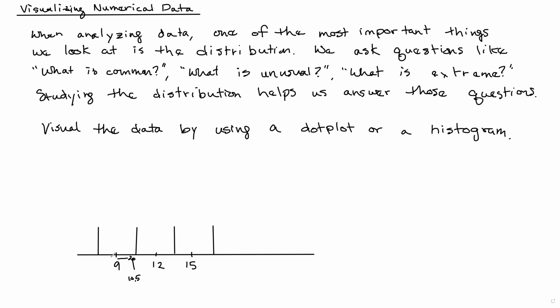So we would subtract 1.5 units to get from 9 down to the first starting point. So that would be at 7.5. Okay, and so the first bar is going to start at 7.5, stop at 10.5, and then 10.5 to 13.5, and then 13.5 to 16.5.